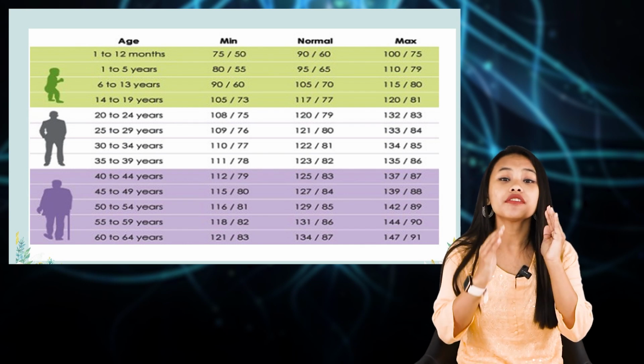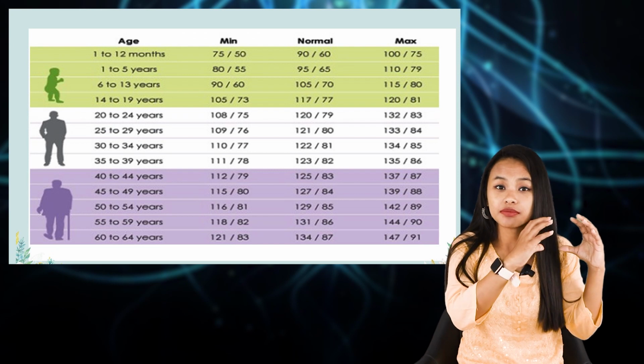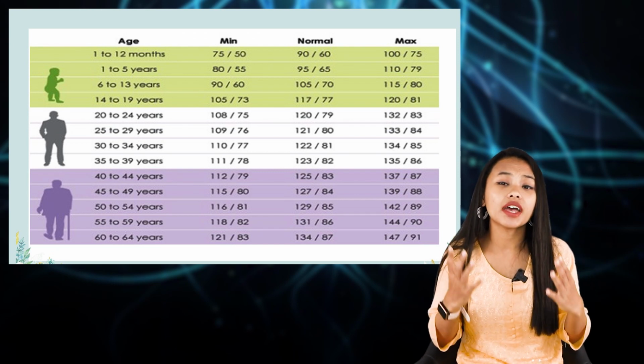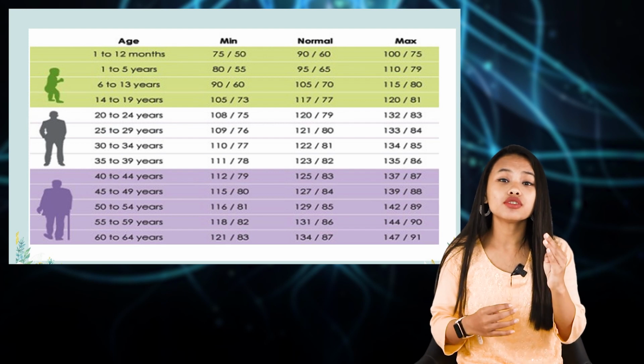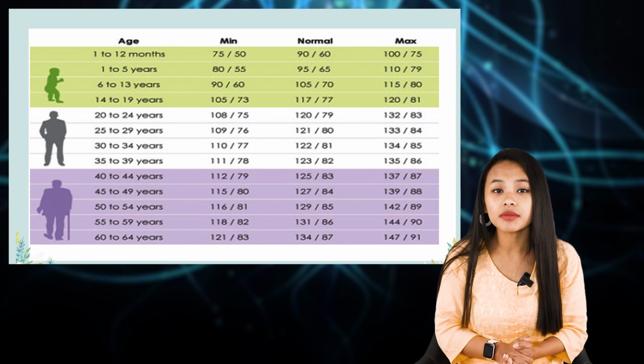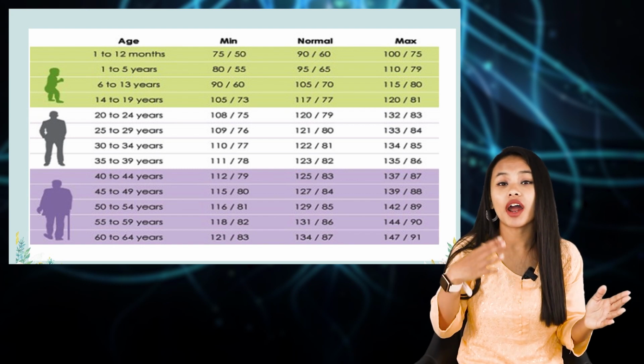So here if the client is between 1 to 12 months, and you find that their blood pressure is lesser than the minimum or higher than the maximum, then you can term it as hypotension or hypertension.